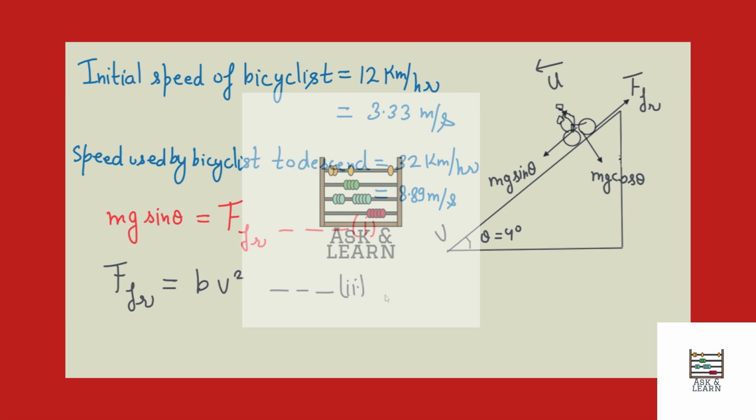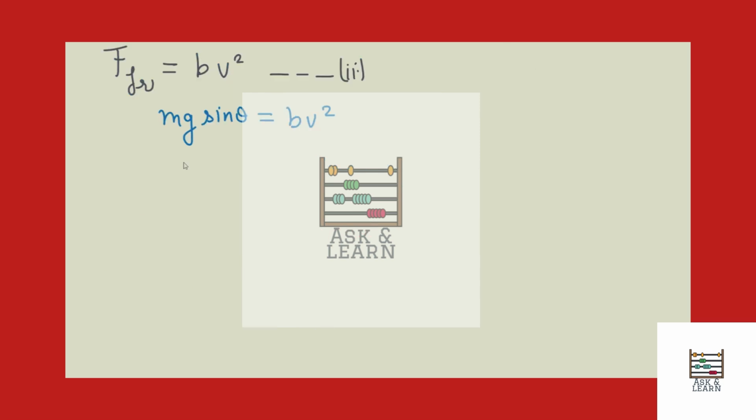Now on equating the above two equations, we get m multiplied by g multiplied by sine theta equals b multiplied by v square. Now on rearranging the above equation for b, we get b equals m multiplied by g multiplied by sine theta divided by v square.